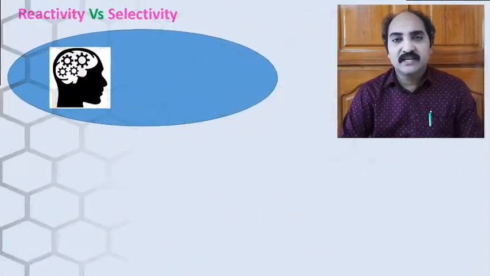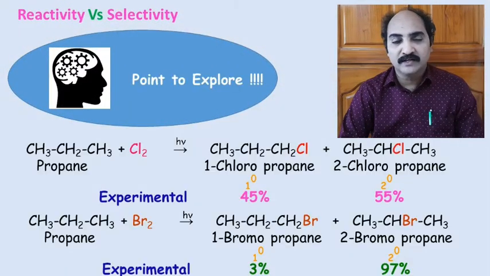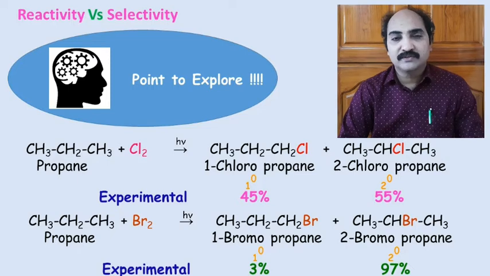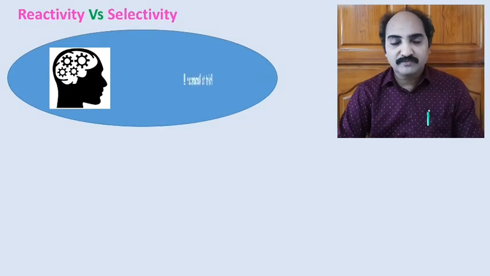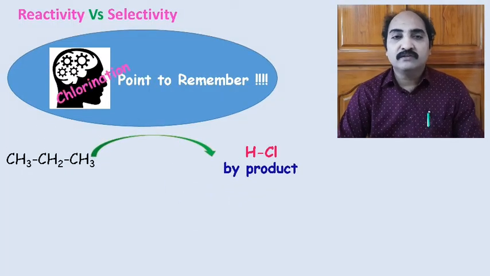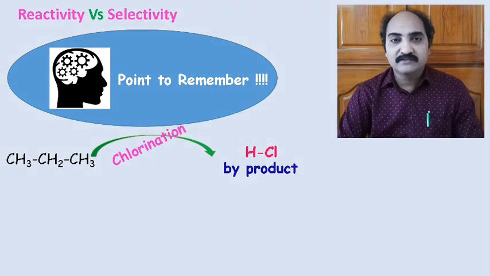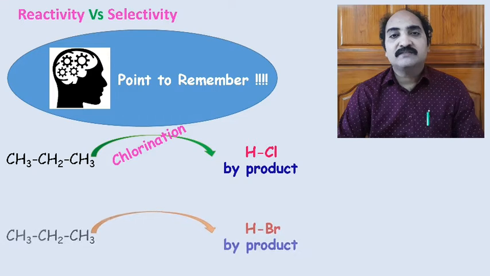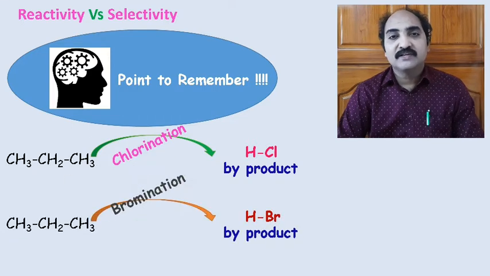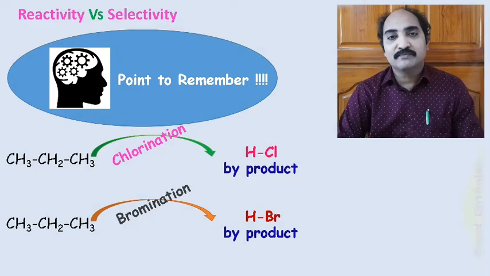Let us explore this. Why does the chlorine atom have less selectivity compared to the bromine atom in the halogenation of alkanes? If we observe carefully, during chlorination of alkanes, we get HCl as a byproduct, whereas in the bromination of alkanes, we get HBr as a byproduct.